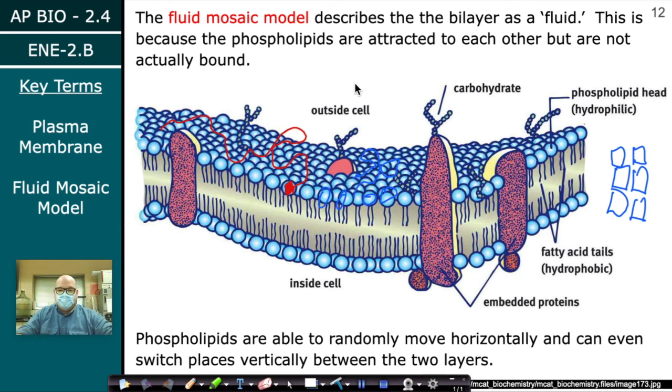So these guys randomly move around, and they can even sometimes move from this inside layer to the outside layer, and vice versa. Getting into some really small level changes, so you'd have to study that closely at a micro level to see that.